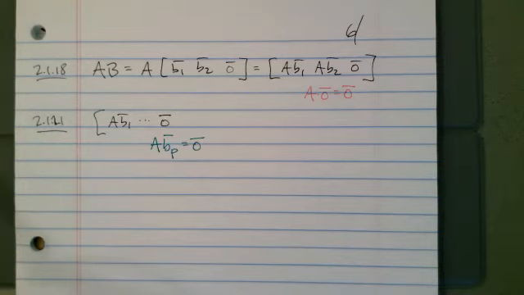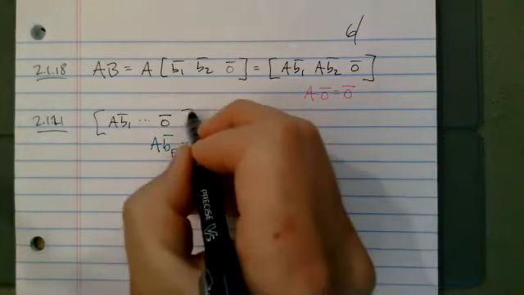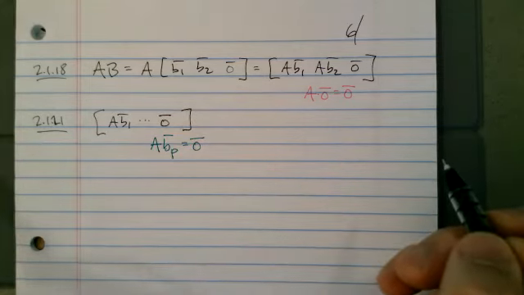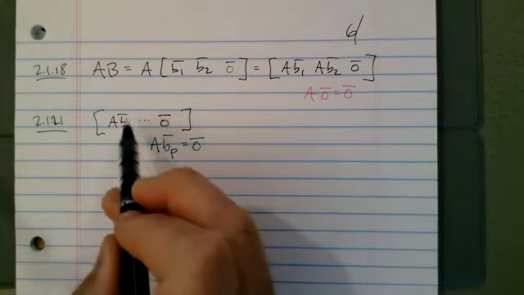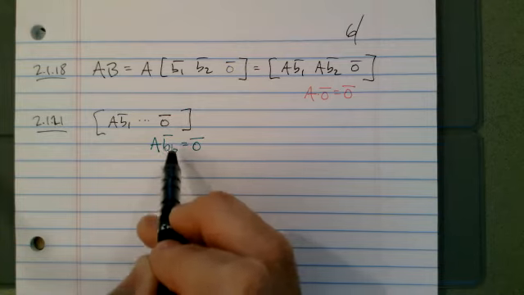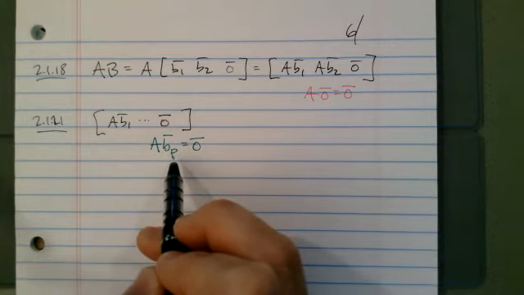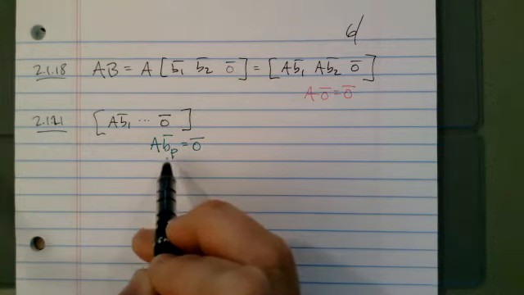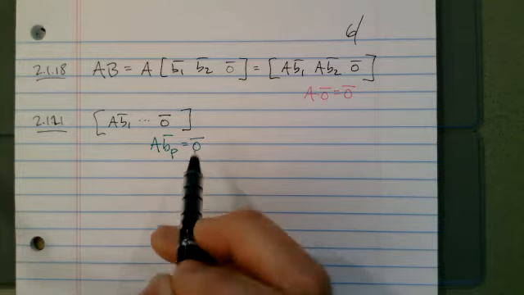But B has no non-zero columns. So the last column of AB is equal to 0, but B has no 0 columns. What this means is that Bp is a non-zero solution to AX equals 0.